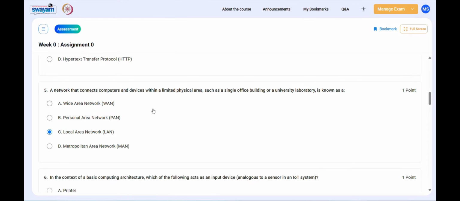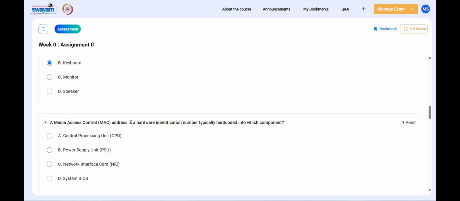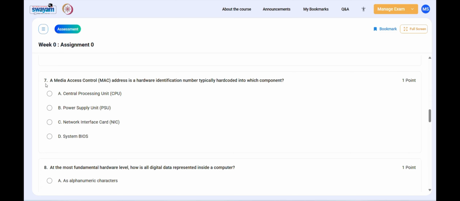Then the sixth one: in the context of basic computing architecture, which of the following acts as an input device? Keyboard acts as an input device because these others are all output devices. Seventh question: a media access control (MAC) address is a hardware identification number typically hard coded into which component?